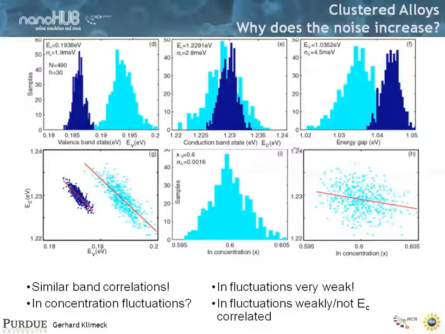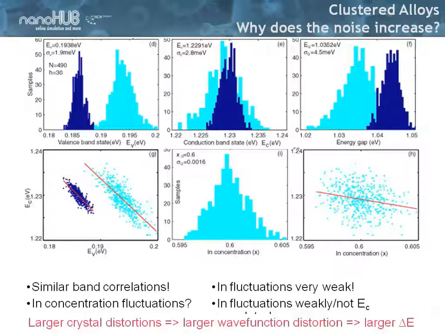If you correlate this indium concentration against, say, the conduction band edge, so for each sample we can measure how many atoms of indium we actually have in the system, and are we hitting exactly 60%, and we measure where the conduction band edge is, we can put a dot on this scale, and you see a roundish distribution. That means the noise is not really due to the indium concentration fluctuation. There's no correlation against that.